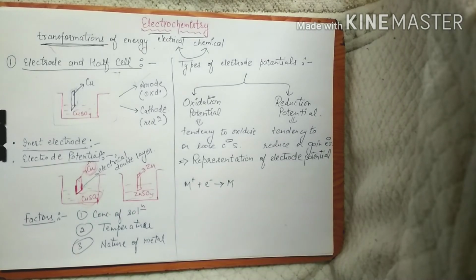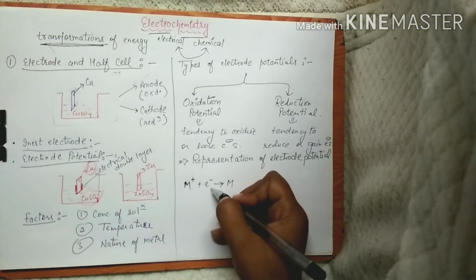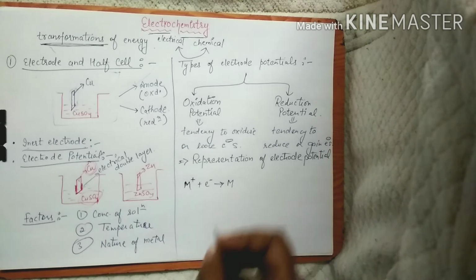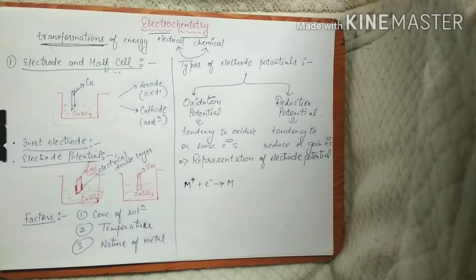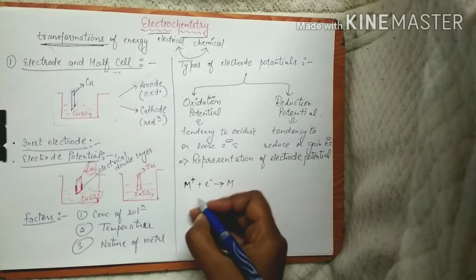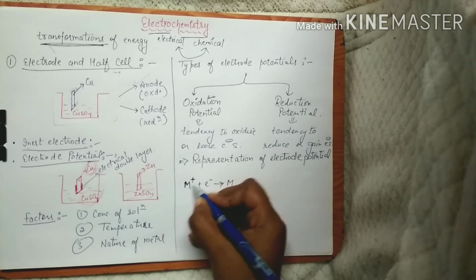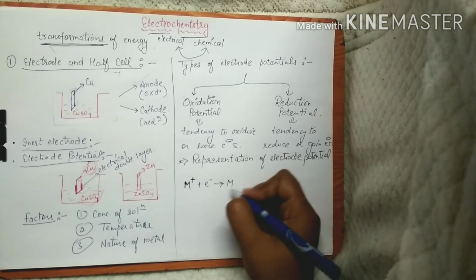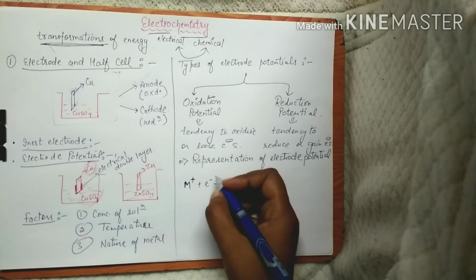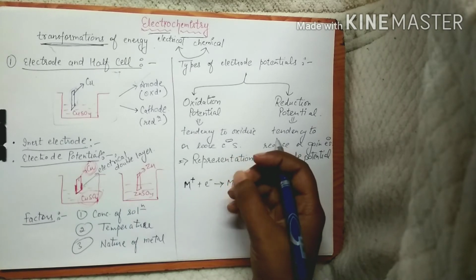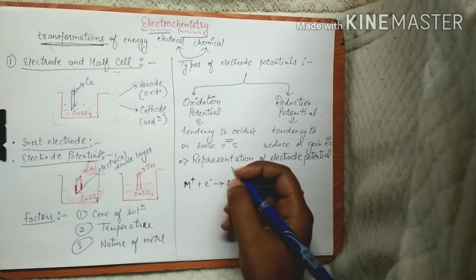This is any element M+ taking an electron and changing to M. So what is happening here? Initially a positive charge was there, and after the reaction that positive charge is gone. Positive charge means M has given some electron. Here no electron is being given, so basically it has taken one electron. Whenever an atom or an ion takes an electron, it represents that it is reducing.